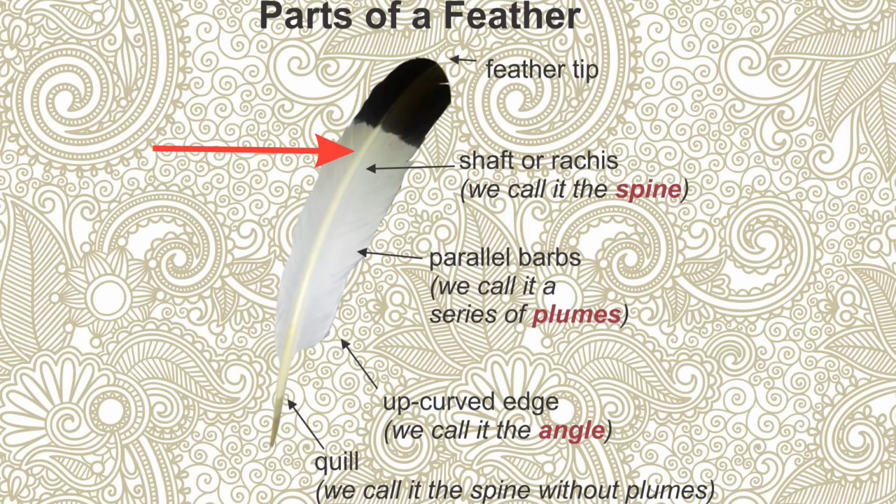We refer to it as the spine. Every plume begins and ends at the spine. It goes out of the spine at an angle and comes back in at an angle. Generally, these meet at a point. And last, but definitely not least, the crowning touch is the feather tip.